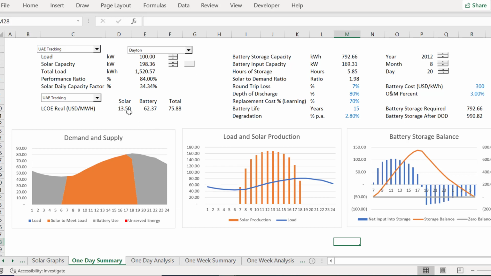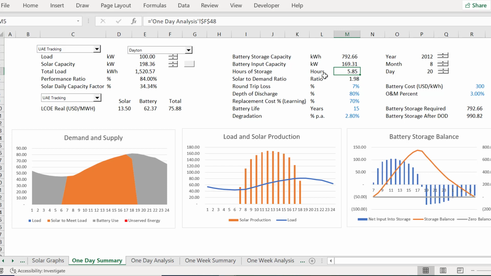And in this case, because of the size of the battery you have to put in to capture all this and move this over here, you need 2 times as much solar as you did if you were just building the solar for the load. Or, I call it the solar to demand ratio, whatever in the heck that means. I made something up.